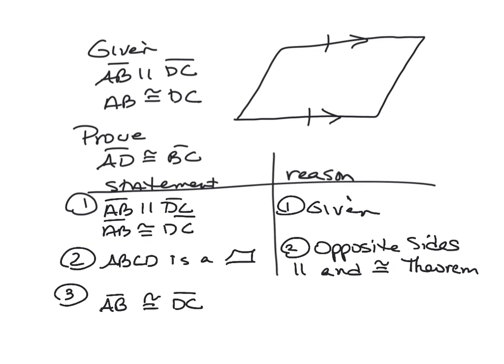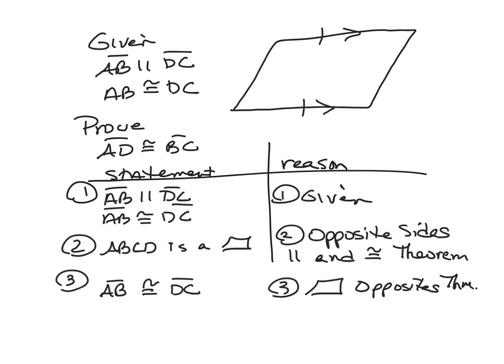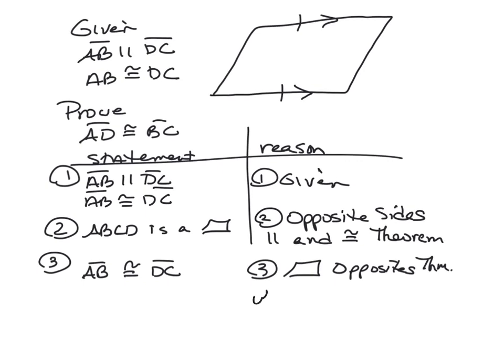And my reason is the opposite sides theorem. So the parallelogram opposite sides theorem, or converse, sorry. Actually, theorem. This is the theorem, not the converse. And this one states, if you forgot, from 7-2, if a quadrilateral is a parallelogram, then opposite sides are congruent.